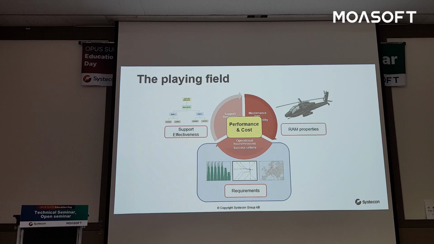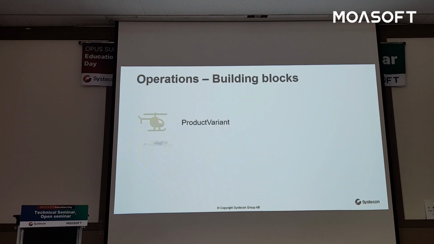And again, I will introduce the building blocks here first, shortly, and then we will look in OPUS 10, or OPUS Suite. So we have a product variant, which is the base of the modeling elements, and then we create what's called systems.